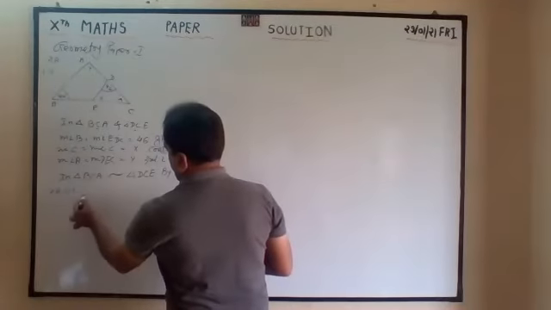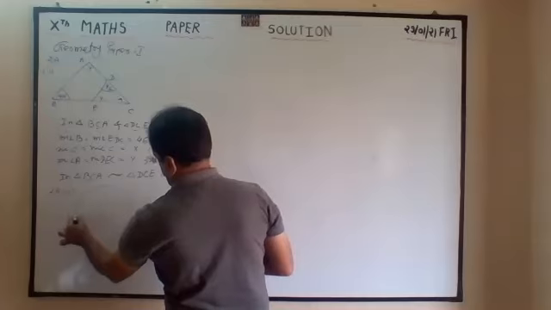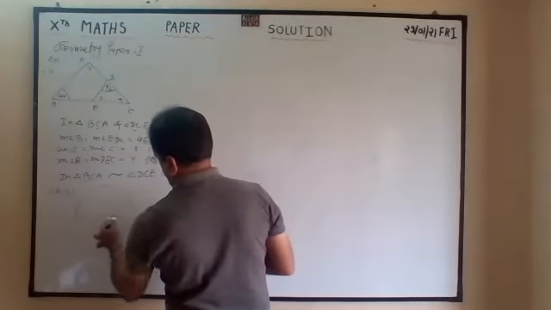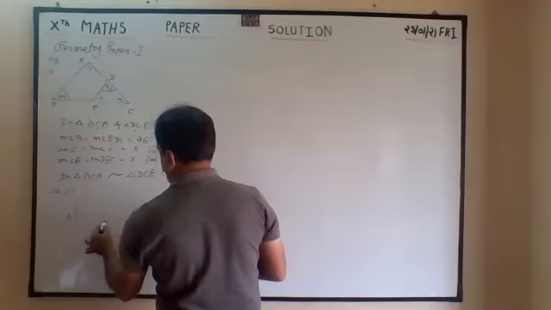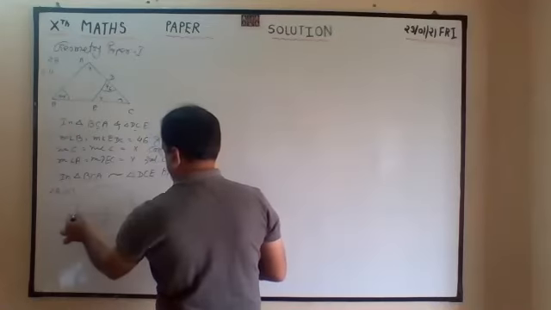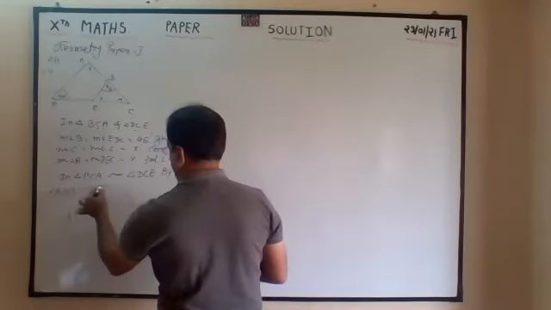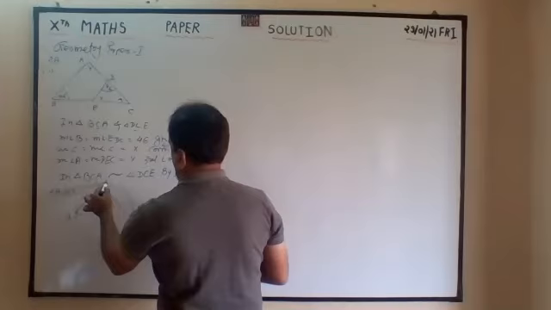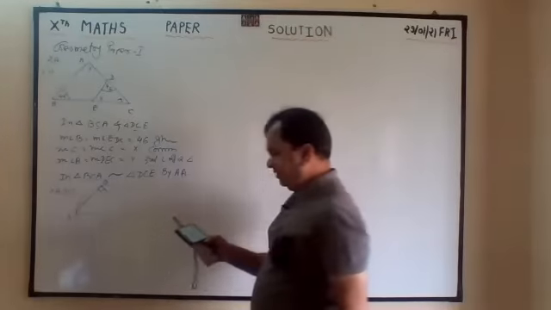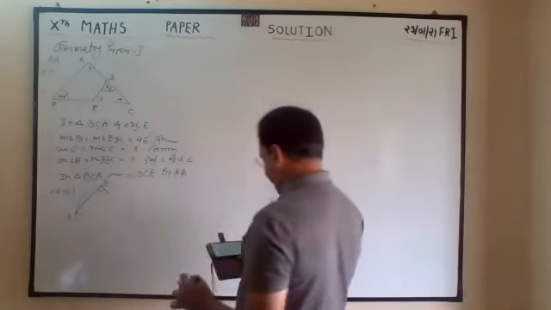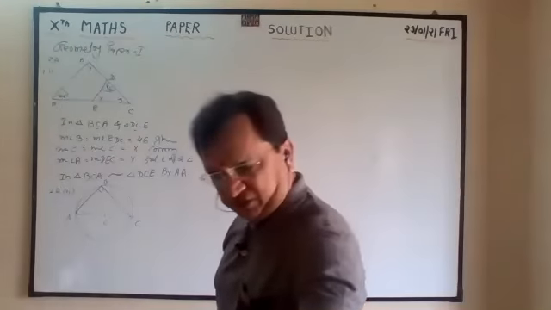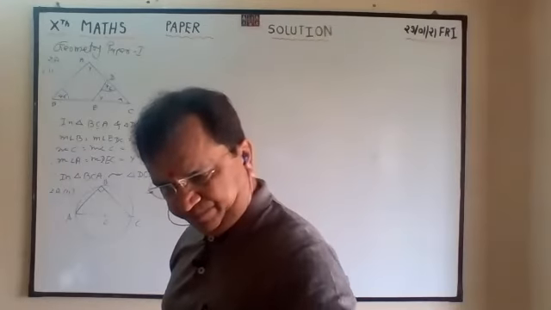What have they given? This is the diameter. When it is the diameter, the inscribed angle is always 90. Point number 1.